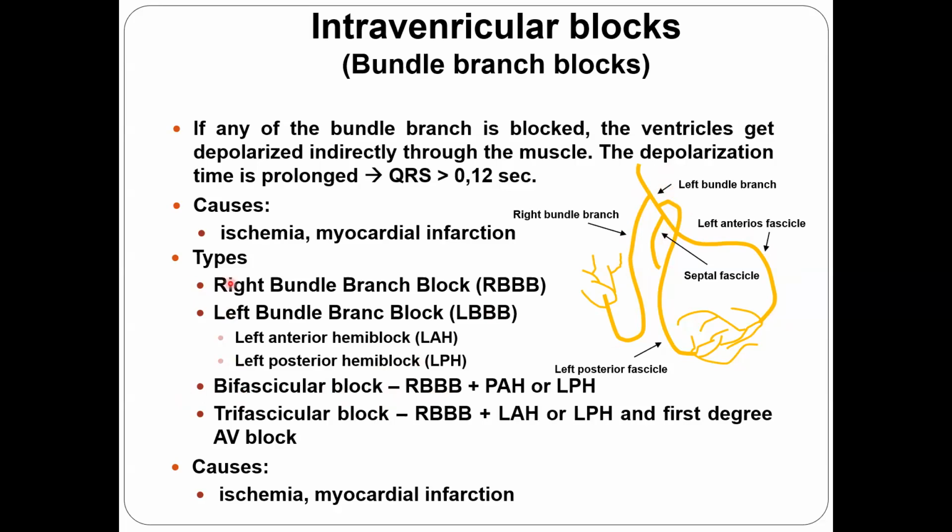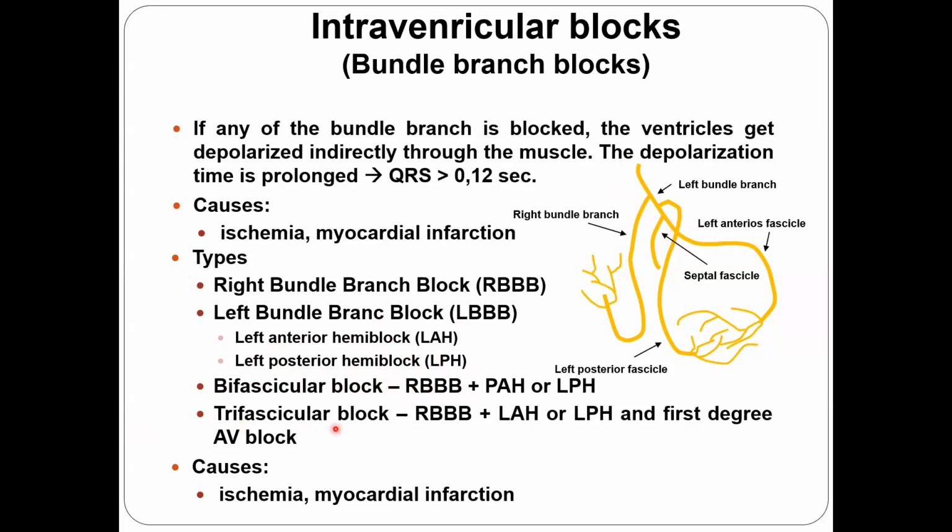So far we had the right and the left, which can be anterior or posterior. These are the hemiblocks. We can have bifascicular block when at least two fascicles are affected. The right bundle is always included. So the right is out and either the left anterior or the posterior is blocked.